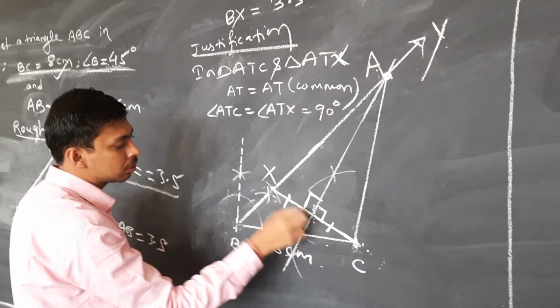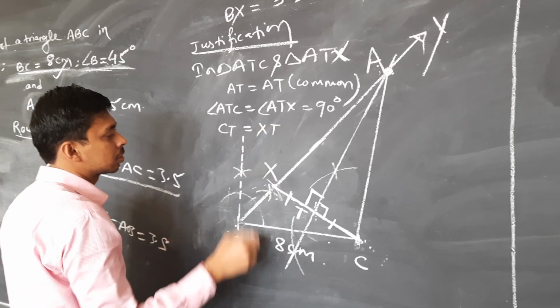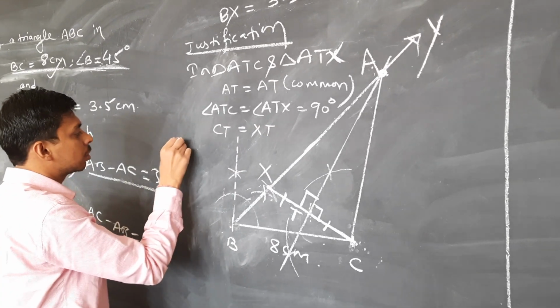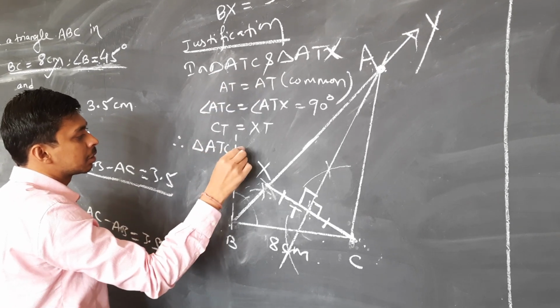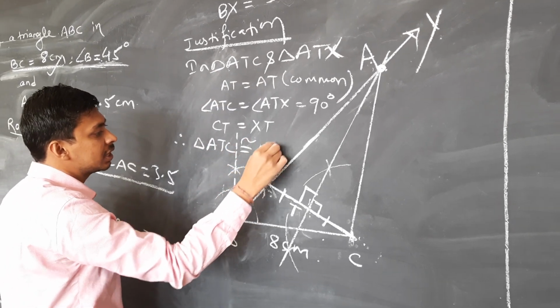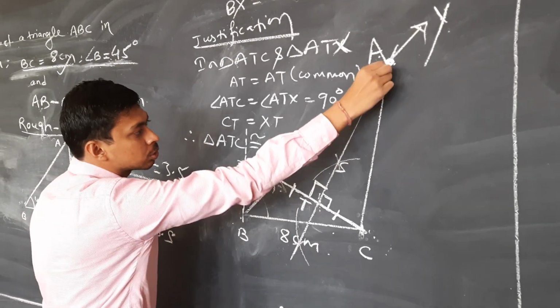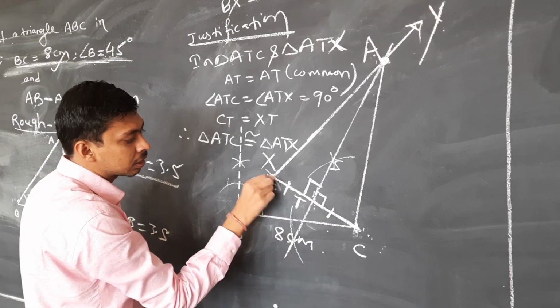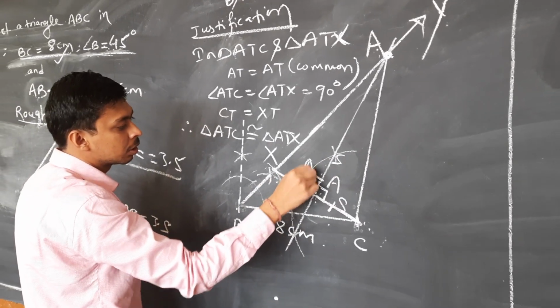Then CT is equal to XT. Therefore, triangle ATC is congruent to triangle ATX. By which rule? This side was common, this side was equal, and angle between them are equal.